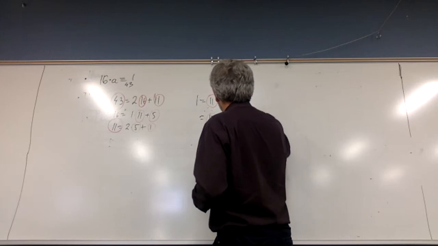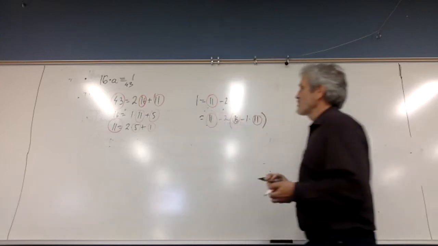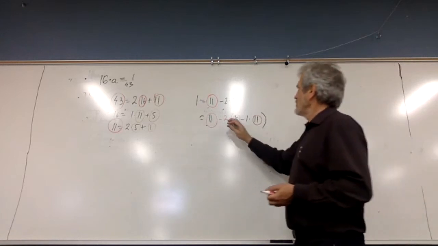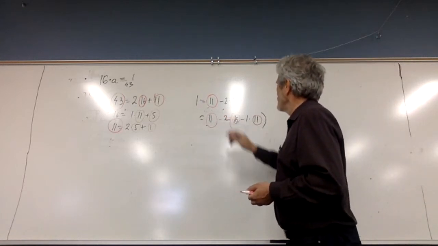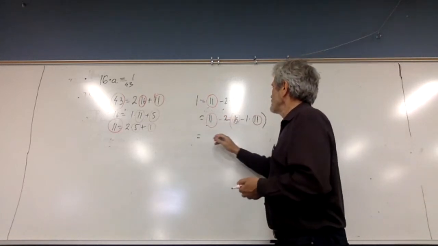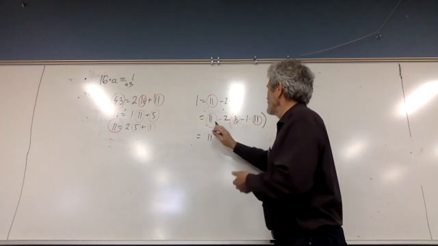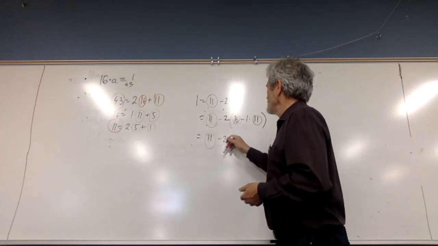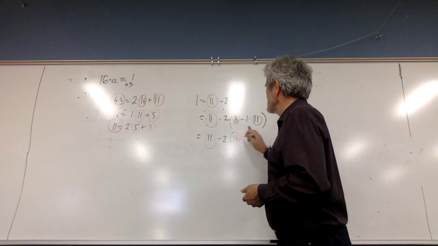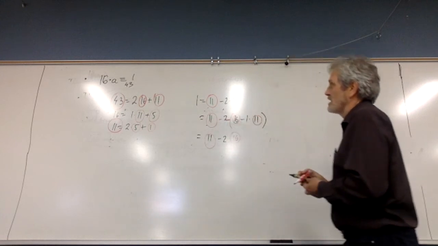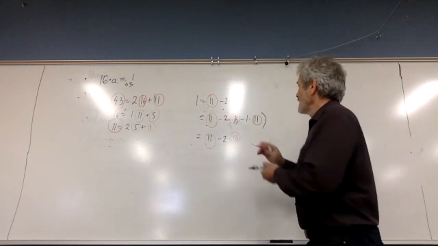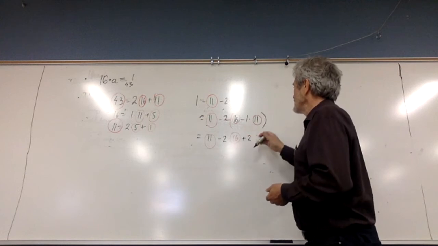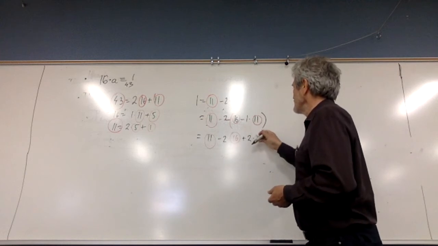So 1 equals 11 minus 2 times the quantity 16 minus 1 times 11. What is important now, why did I put 2 in? I have no idea. So that would be 11 minus 2 times 16, and then you need to distribute here, not to carry this forever, plus 2 times 11.